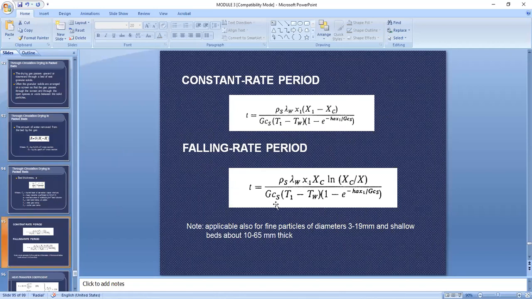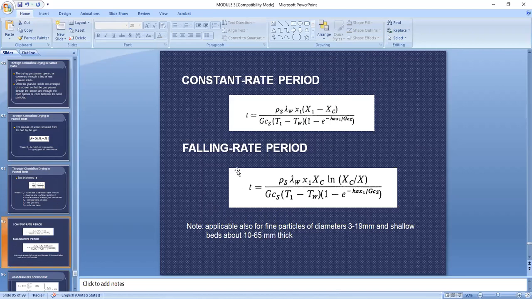Again, you have here the humid heat, the wet bulb temperature, and the lambda sub W. The X sub C here is the critical moisture content. The X sub 1 is the initial moisture content. It has a different representation already because we're talking of a different reference material. What is important is you know what each one represents.